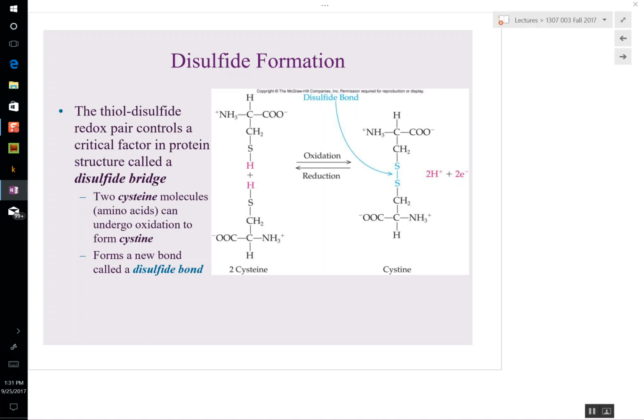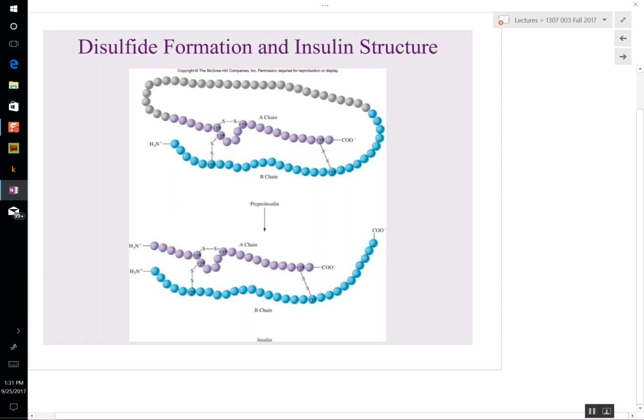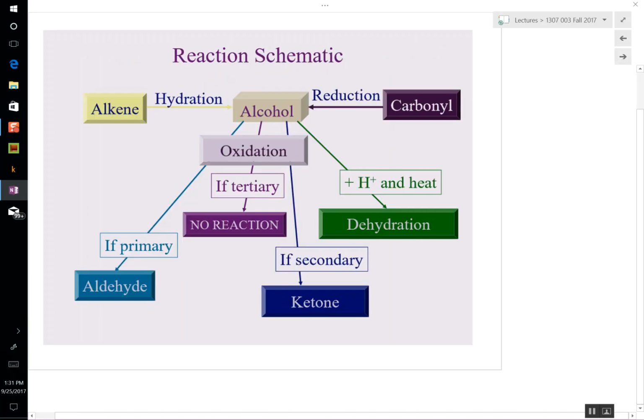So these two SHs on two cysteines will form a disulfide, what we call a disulfide bridge, or a sulfur-sulfur bond. And that ends up playing some critical roles in protein structure. But this is chapter 18, when we get to amino acids and proteins. And that will be chapter 18, insulin.